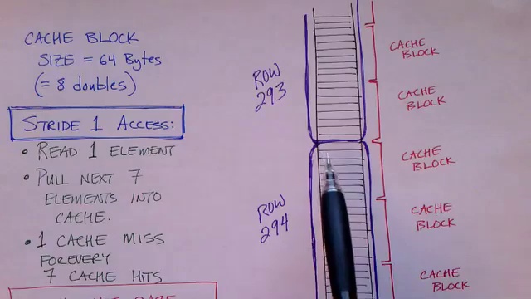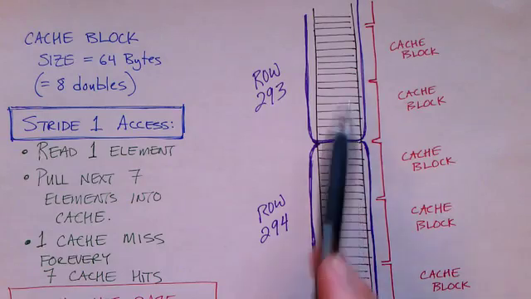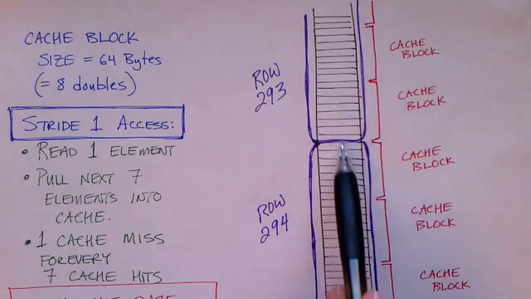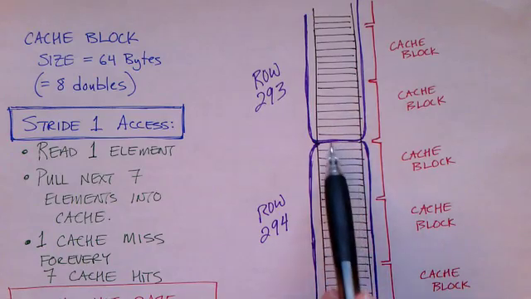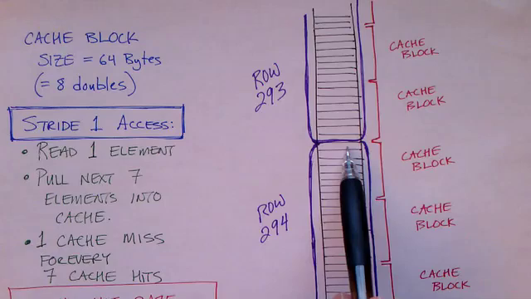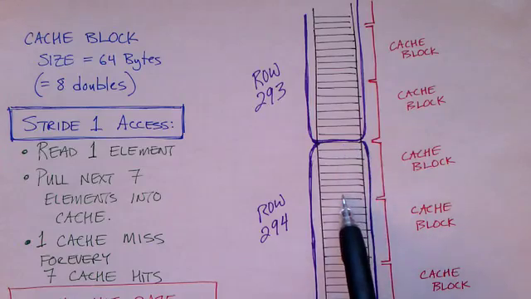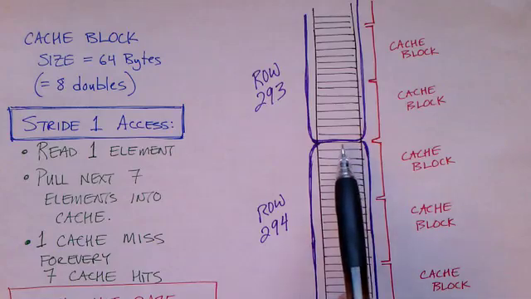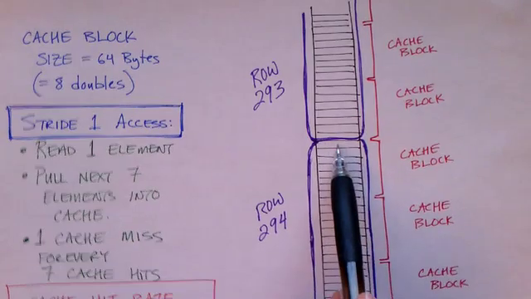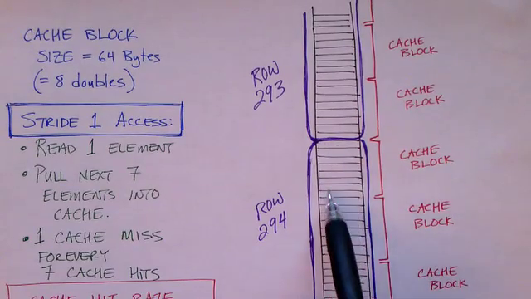So when it reads a double, say when it moves from row 293 to row 294, it might read this double right here. When that occurs, that's going to cause this cache block, the entire block of all these 8 double precision numbers, to be loaded into this cache memory. So when the program tries to read one element from the array, it pulls in all 8, it pulls in 7 additional elements.